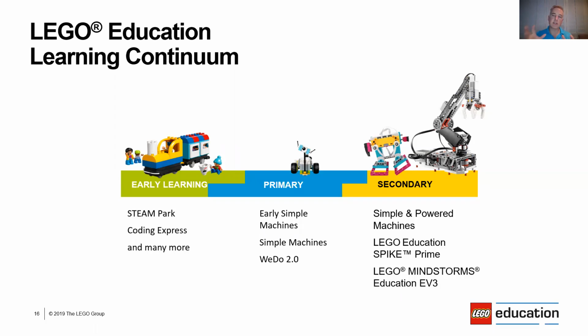So it's not as intimidating as the EV3, but it doesn't scale as high. The Spike Prime would be targeted around grade 5 through to year 8, roughly. These are rough numbers, and some people will go outside that, that's no worries. So the Spike Prime sits around grade 5 to 8, and the EV3 will sit around grade 5 up to year 12. Hopefully that helps with that question.